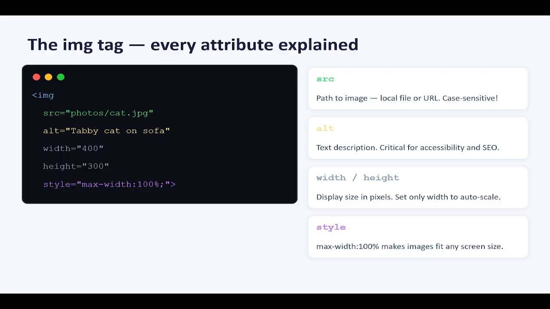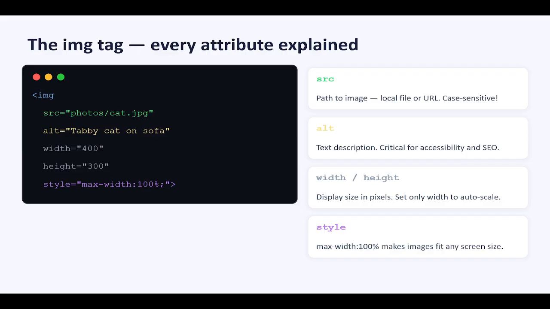Next one is the img tag or image tag. In the img tag, you can see the path to the image, that is src. Alt is the text description, and again height and width display the size in pixels. Usually it is better if you set only width so that height will be adjusted appropriately.